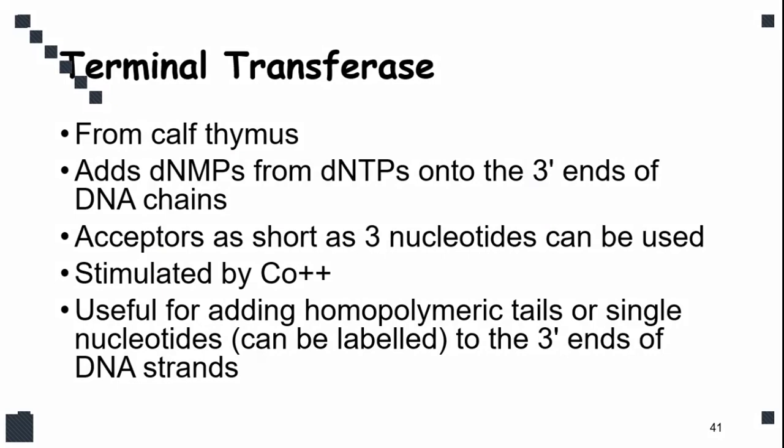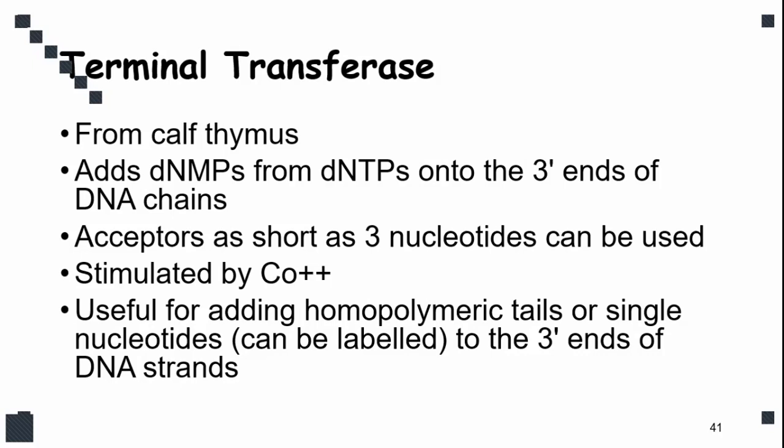Then the other enzyme that we need to talk about is called terminal transferase. What is that supposed to mean? Like the name implies, it adds nucleotides for us at the terminus of the molecules. Where do we get it from? We get it from calf thymus, and it adds dNMPs from dNTPs onto the 3' ends of a DNA chain.